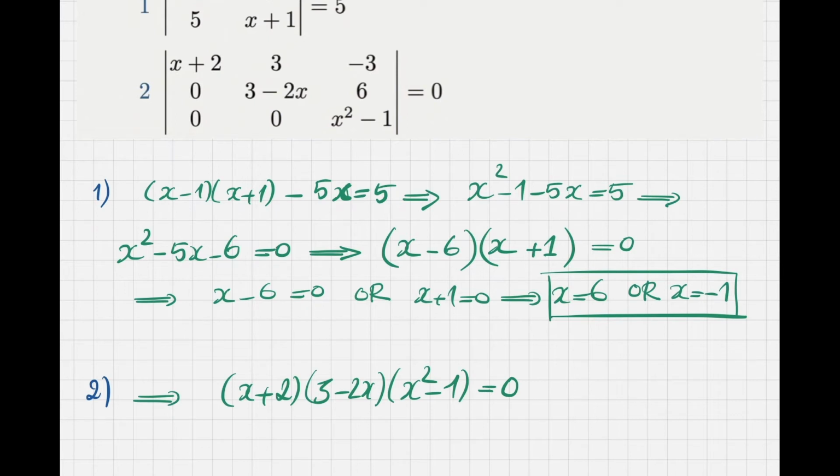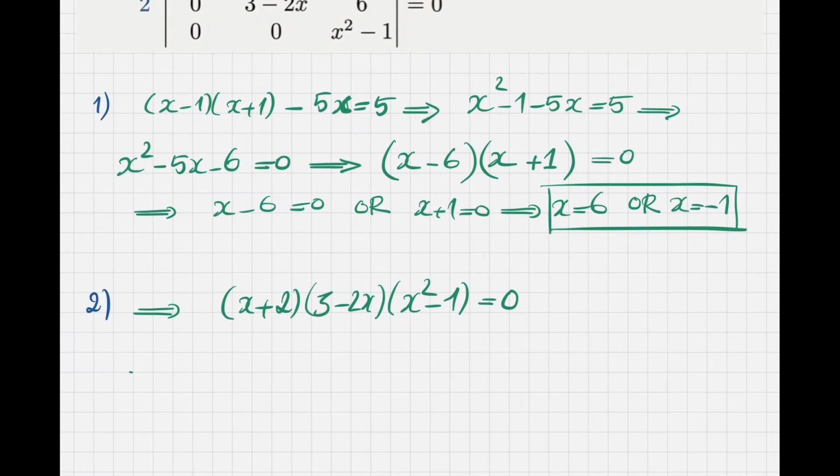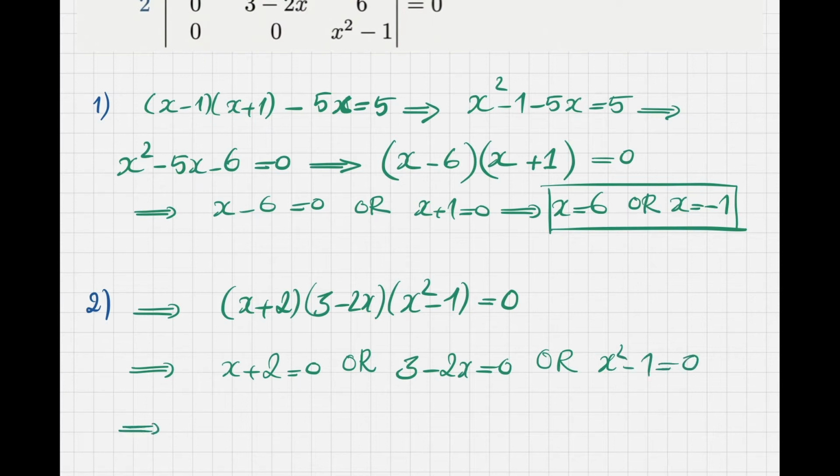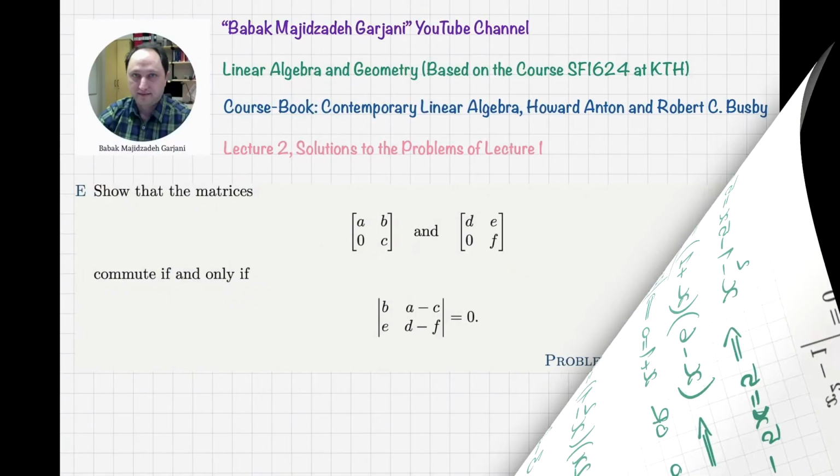Then again, by the zero product rule, this implies that x plus 2 is equal to 0, or 3 minus 2x is equal to 0, or x squared minus 1 equals 0. So the first one gives me x is equal to minus 2, the second one gives me x is equal to 3 over 2, and finally the last one gives me x is equal to plus or minus 1.